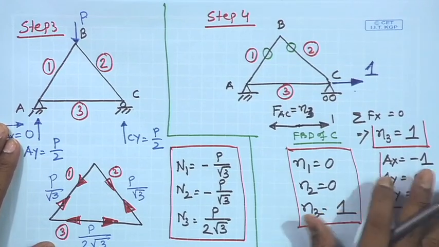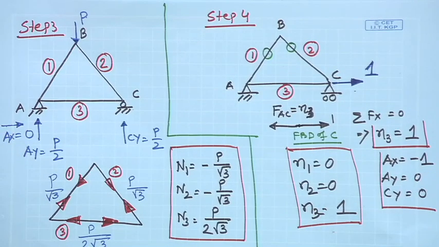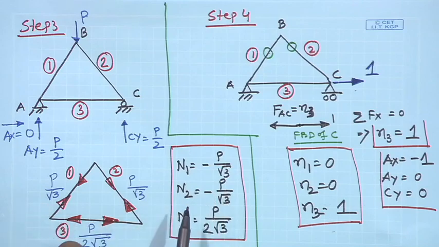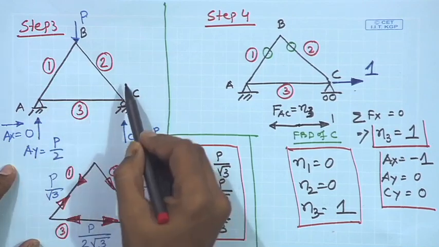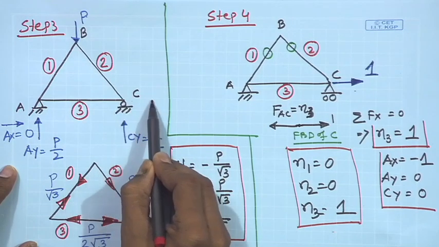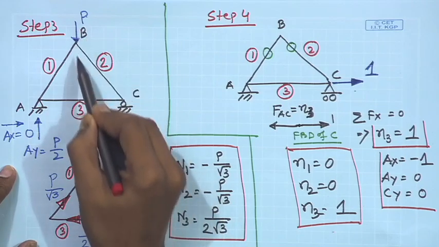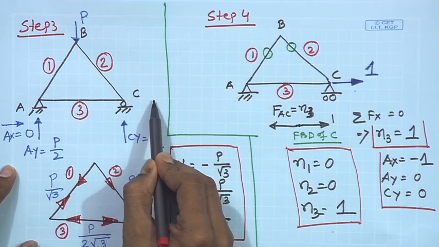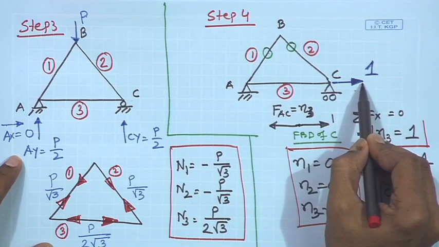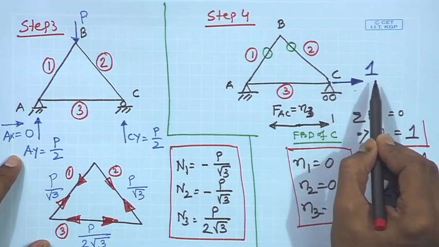Then what was the next step? The next step was to apply the compatibility equation. Now, what is the compatibility condition in this case? You see, in the primary structure, because of this load, the movement of C in this direction is allowed. So, because of this load, C will move in this direction slightly, and similarly because of this unit load here, C will move in this direction slightly.